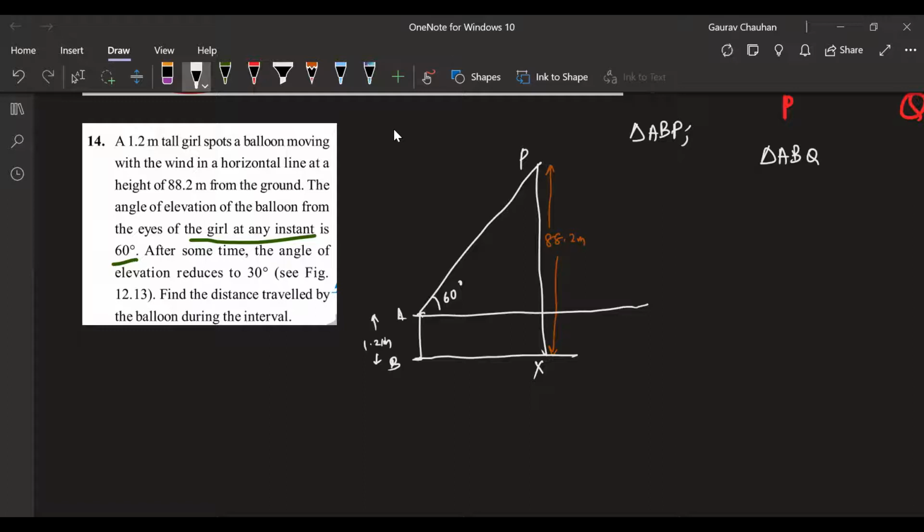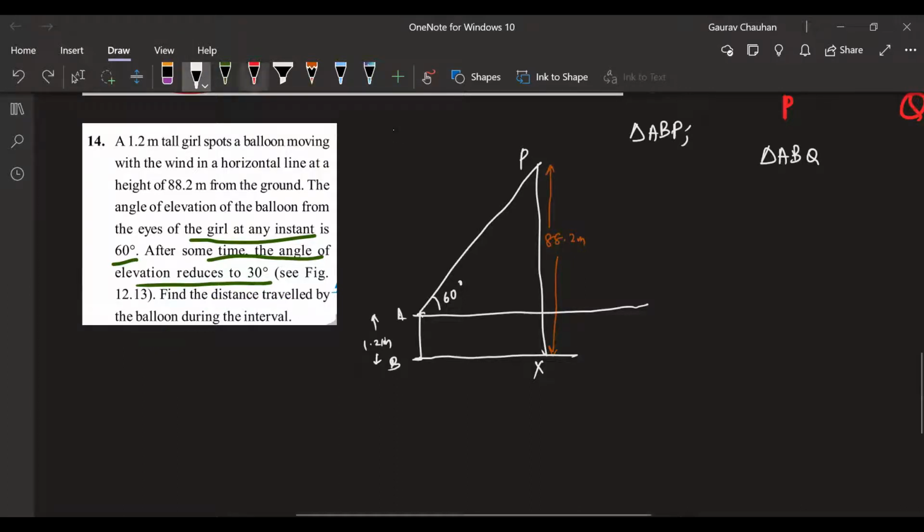Now after some time the balloon has moved, so the angle of elevation reduces to 30 degree. What does this mean? Definitely the balloon has moved. The girl has not moved, because it's not told about the girl moving, or maybe the girl has moved, we don't know. But it says distance traveled by the balloon, so we'll assume that the girl has not moved.